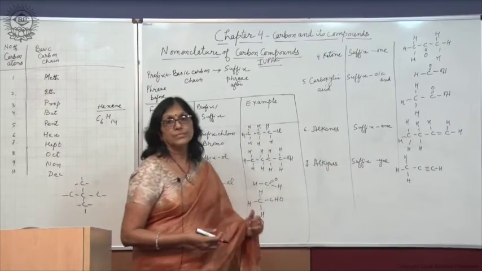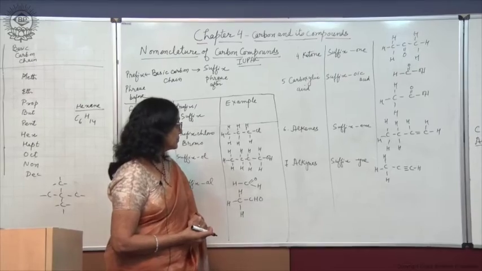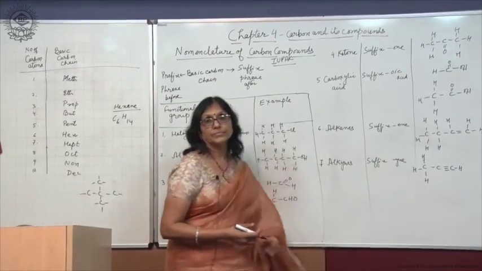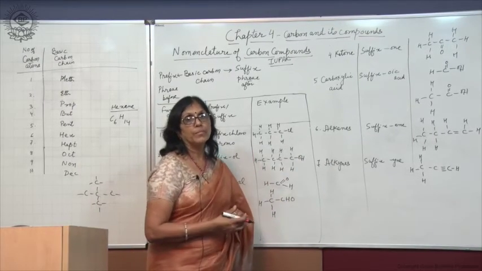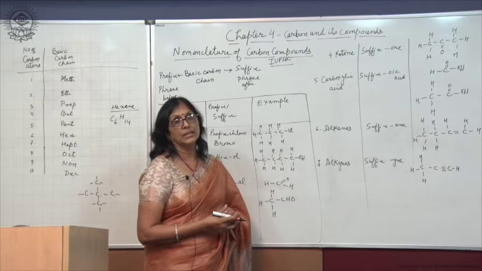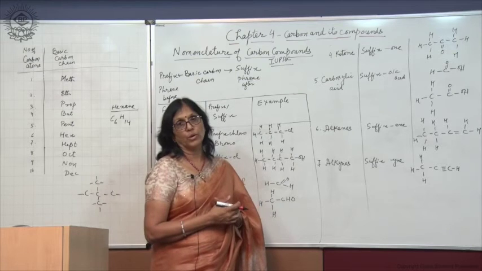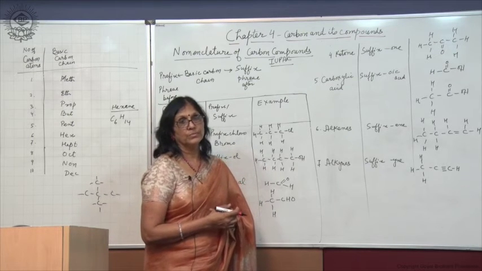Alkynes: a triple covalent bond is present between the carbon atoms and the suffix is "yne". So, the first member of alkynes will be ethyne. Ethyne immediately tells that there are 2 carbon atoms and a triple covalent bond, and its formula will be C2H2.